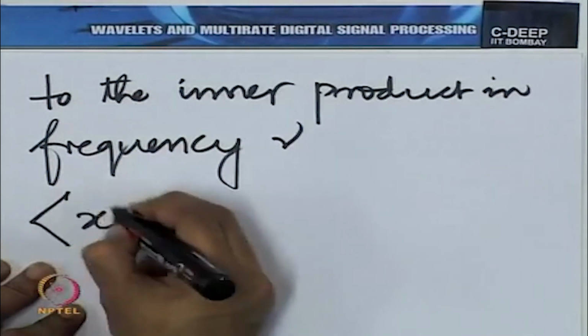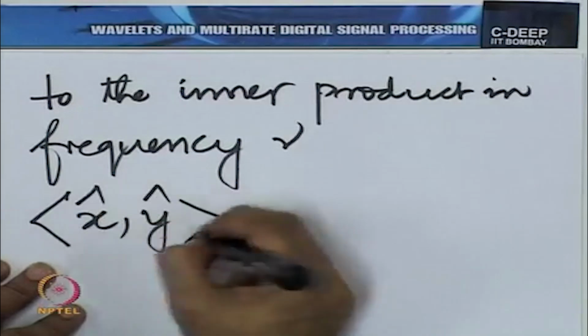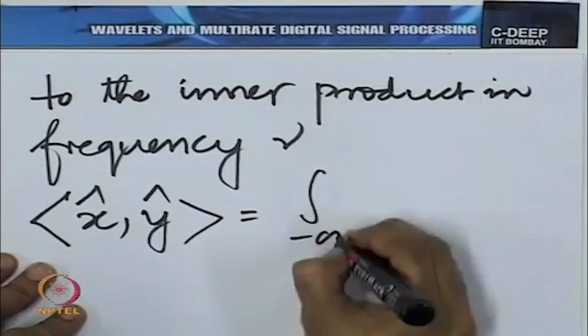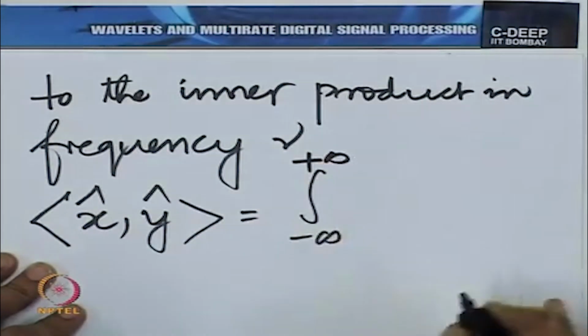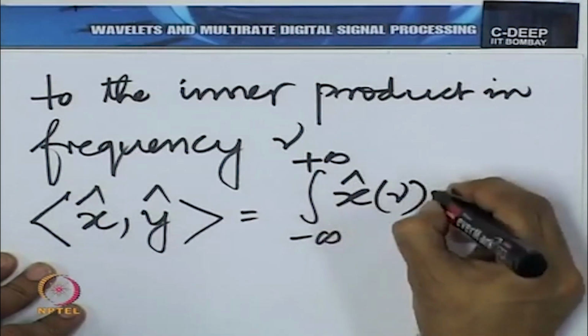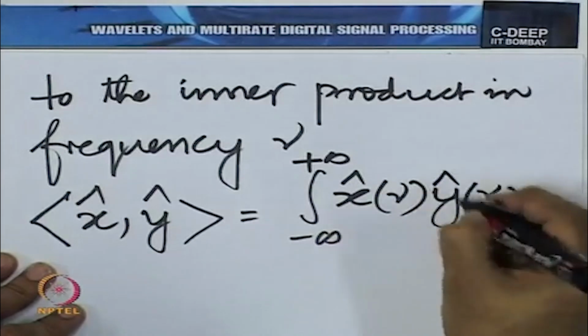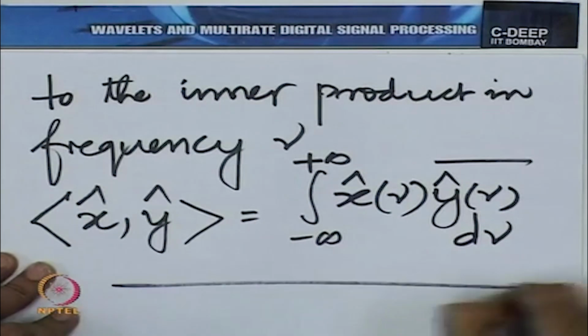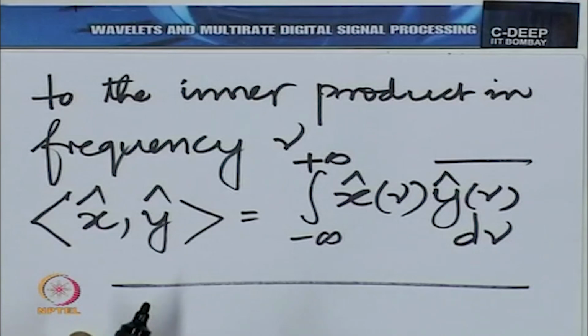In other words, if you take x cap and y cap and construct their inner product in the same way, treating the frequency as the independent variable or the argument, now this is a very beautiful and a very powerful interpretation of Parseval's theorem.